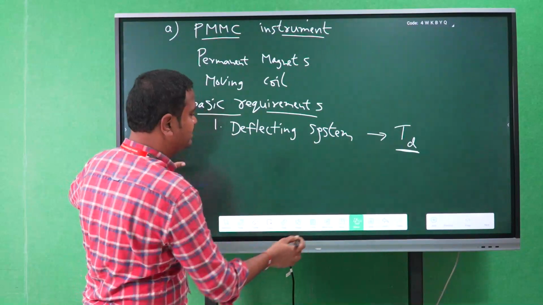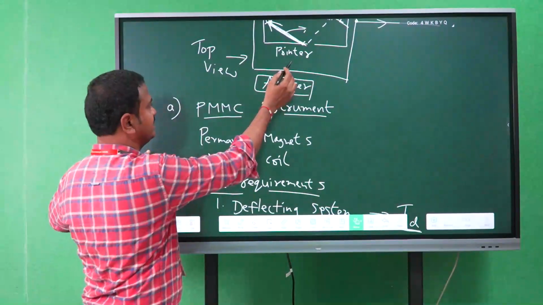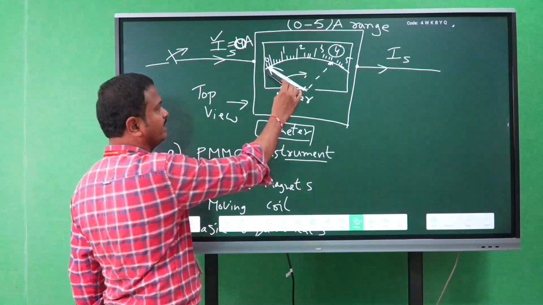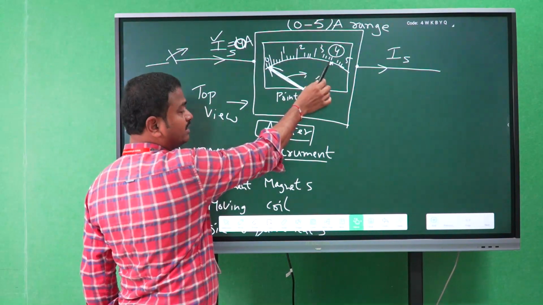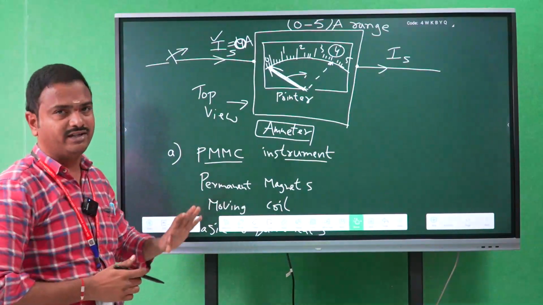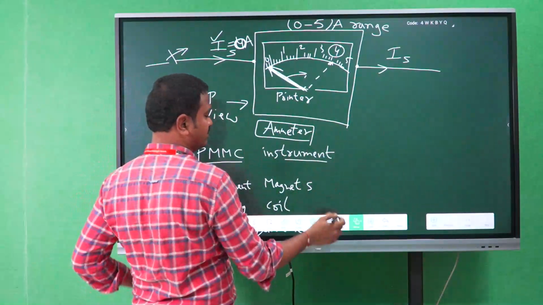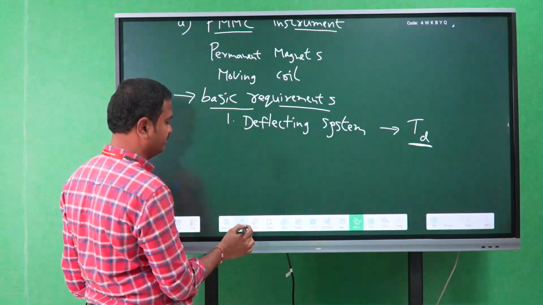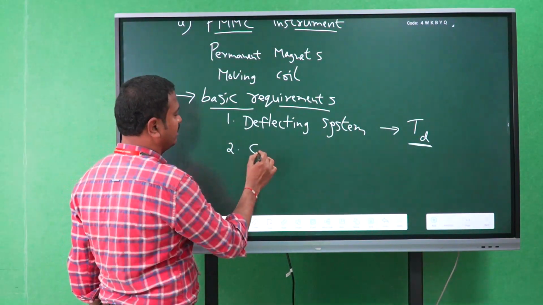The pointer is initially at 0 position. Whenever the supply is switched on, only then does the pointer start moving on the scale to represent the accurate value. So first we need deflecting torque, for which we need a deflecting system, and second, a controlling system.